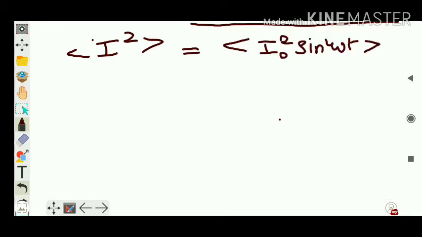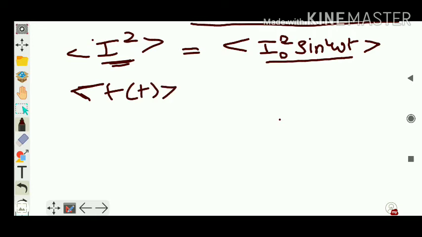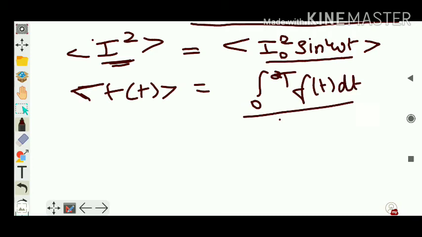This I is equal to I naught sine omega t, so I squared will be I naught square sine squared omega t. I hope you remember the average of any function f of t: it is integral 0 to T of f of t dt, whole divided by integral 0 to T of dt. That was the common equation.